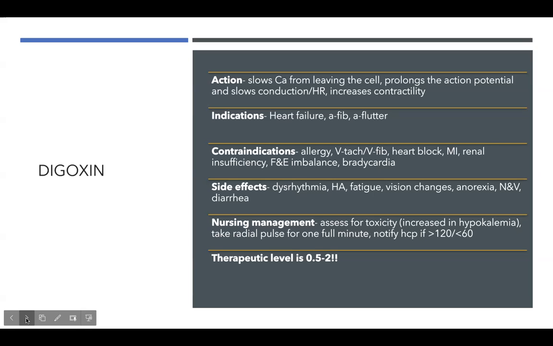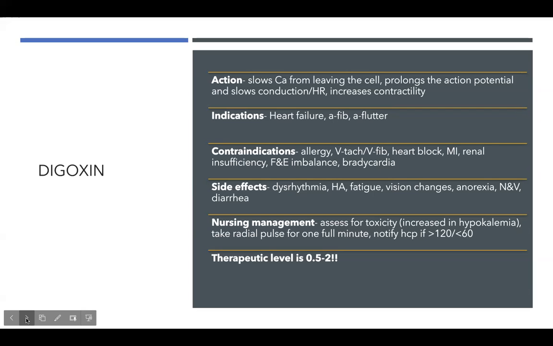Nursing management is that you're going to assess for toxicity. So toxicity occurs when you're giving digoxin to a patient who has a low level of potassium. And if your patient has a higher level of potassium, that digoxin level is not going to be in its therapeutic range, so it's not effective.